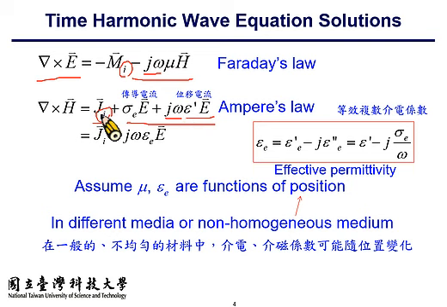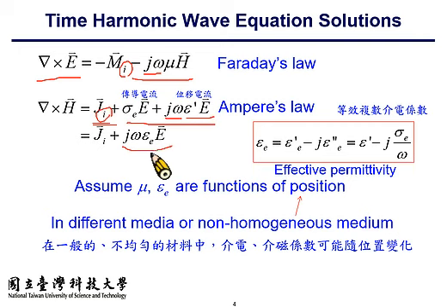So the impressed current is the source, the cause, and the conduction current and displacement current are the consequence. So the first term is the source of the signal, and the later terms are the corresponding phenomena. If you have an applied current or an applied electrical field, you will produce conduction current and displacement current. Okay? And the last two terms can be collected as this: j omega epsilon E times electrical field intensity E.